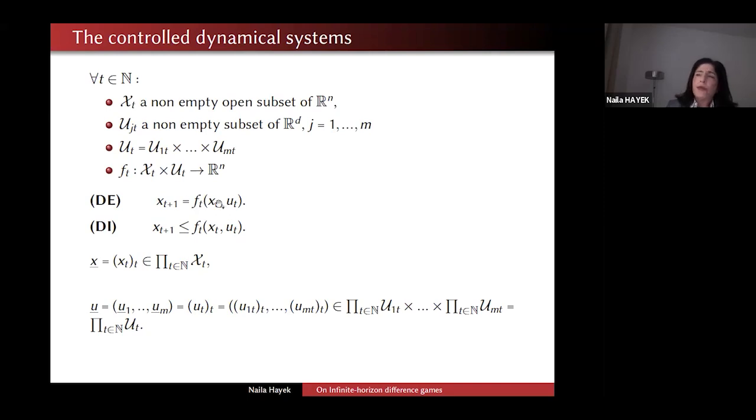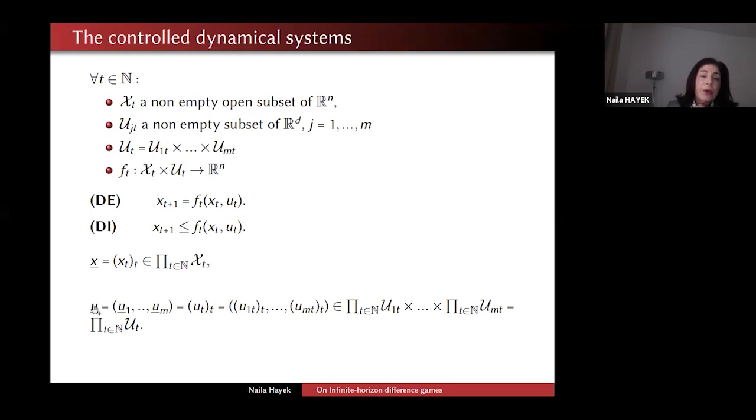Now, in fact, if we were in the continuous time case, we would have here a differential equation. So in discrete time, I call it a difference equation. What are the underlying x and u? The underlying x is the infinite sequence of the x_t's, which belongs to the infinite product of the subsets X_t.